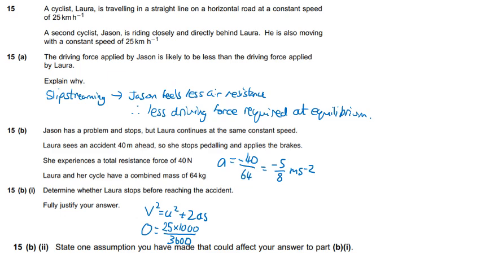So 2 times a, so that's minus 10 over 8 s. So if we solve that, we get s is equal to 38.6 meters. Okay, so that's less than 40 meters. So therefore, yes, she will stop before she reaches the accident.